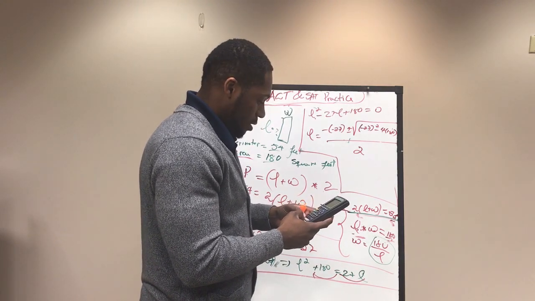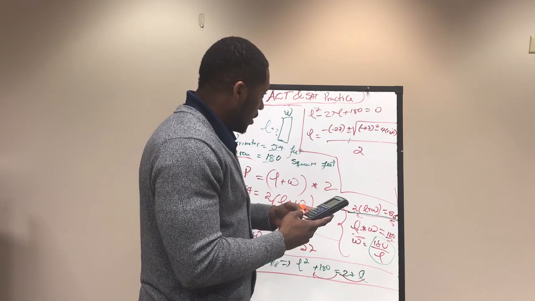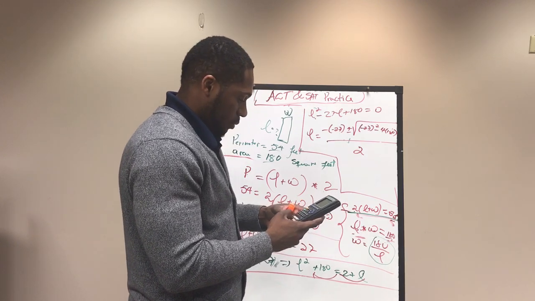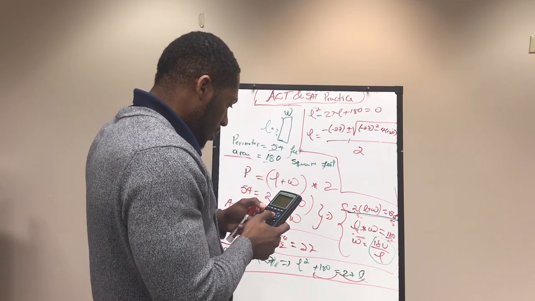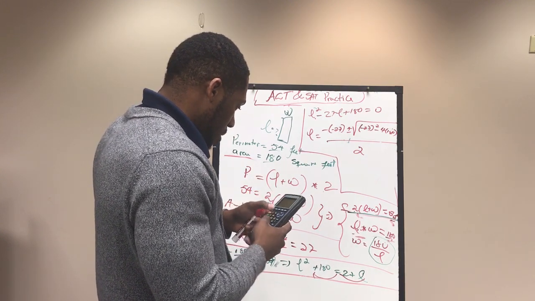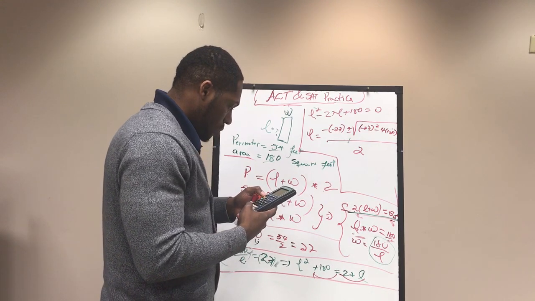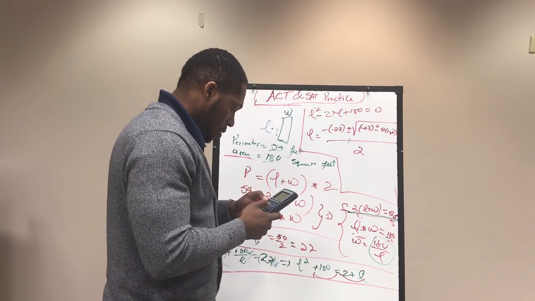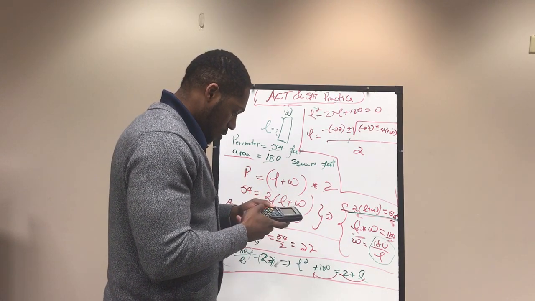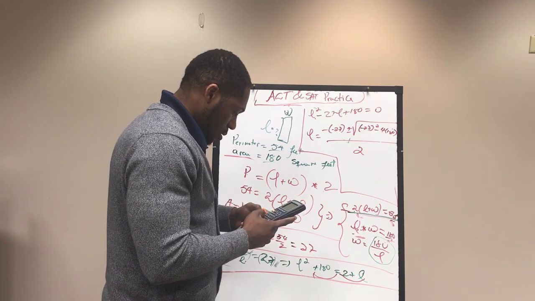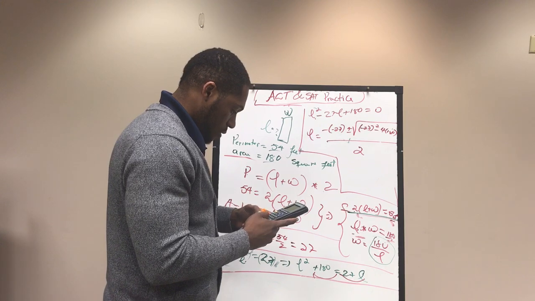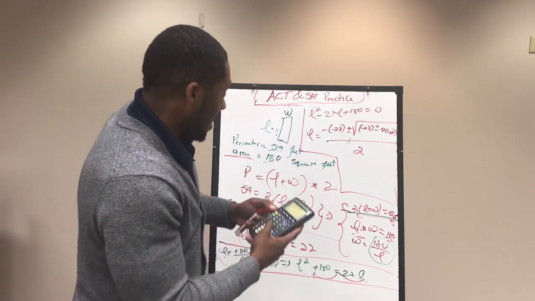So let me do the one in the square root first. Minus 27 squared minus 4 times 180. And then I'll take the square root of all that. Let's delete this. Minus 27 squared minus 4 times 180 is 9.